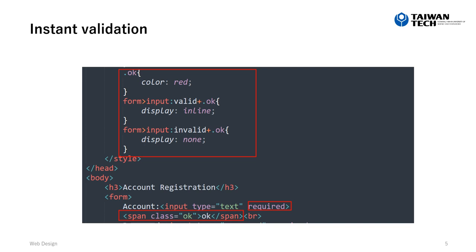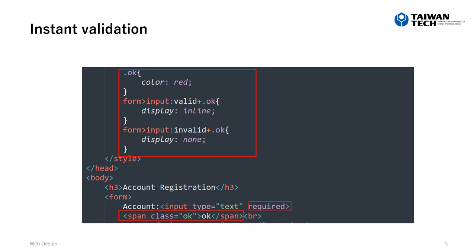And now we need to set maybe just 6 lines and we can finish the instant validations. Traditionally, we want to conduct the instant validations in our website and we need to use JavaScript to finish it.